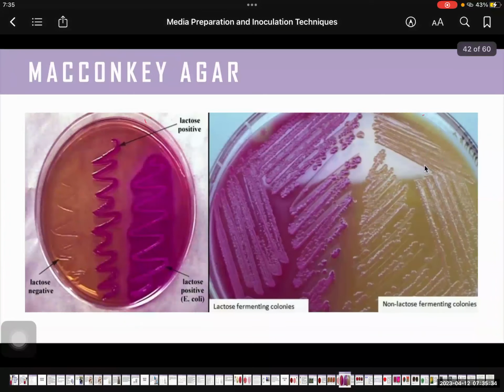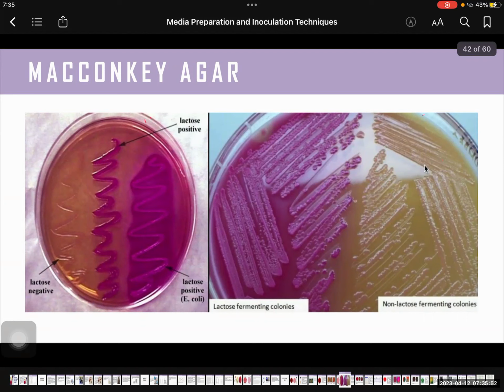So what are examples of lactose fermenters? A very good example, our favorite, Escherichia coli. Escherichia coli, Klebsiella pneumoniae, and Enterobacter. Those are very good examples of lactose fermenting organisms.